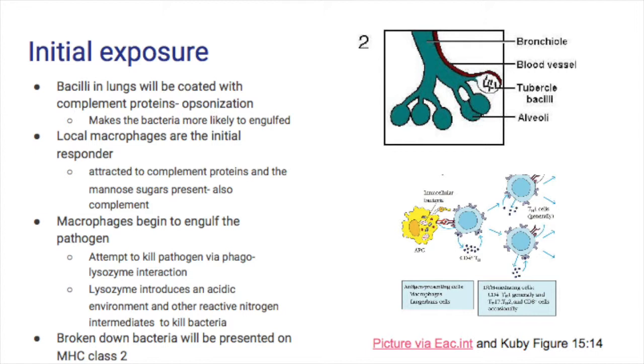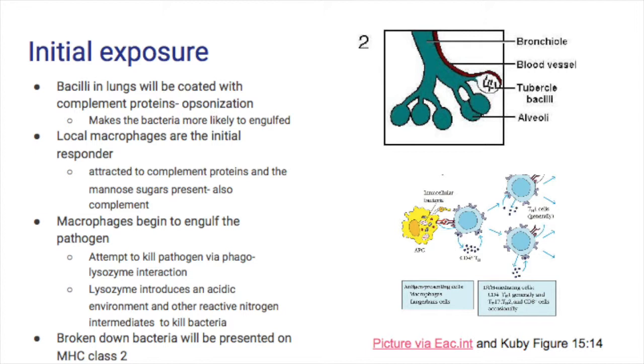Those local macrophages are the initial responders. They will engulf the pathogens as they recognize them as non-self, and we'll talk a little bit about that as well. They are attracted to the complement proteins and to the mannose sugars present on the bacteria, and they're going to begin to engulf them. Once these bacteria are engulfed, they'll be brought into the macrophage within a vacuole.